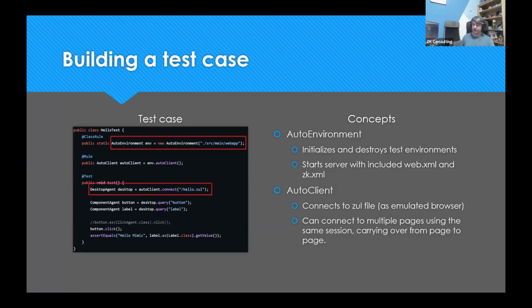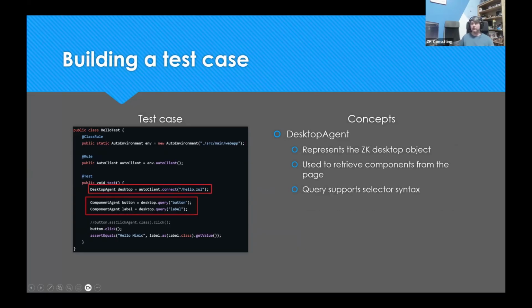So if you store something in a desktop, if you have that type of property that are going to be shared by multiple pages, you'll want to be in the same auto client. If you want every single one of your cases to be isolated, you're going to want to create one auto client per test.